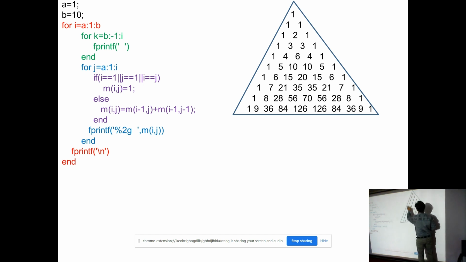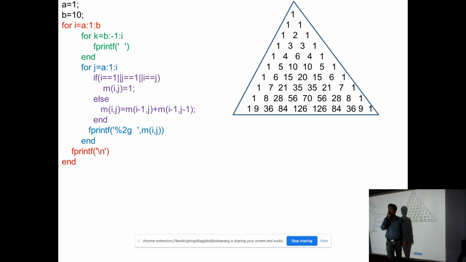Let us assume 1, 2, 3, 4, 5, that is the fifth row. What is the fifth column? 1, 2, 3, 4, 5. So my fifth row, fifth column is also 1. Sixth row, sixth column is also 1. Seventh row, seventh column is also 1. That means when row equal to column, also 1. Got it? So I printed this end, this end.